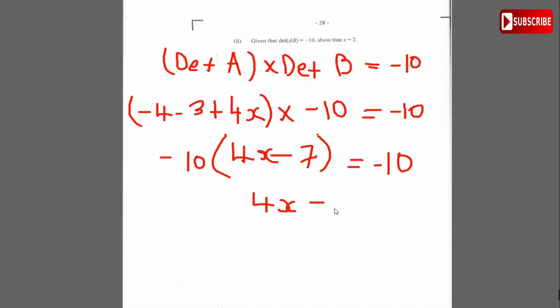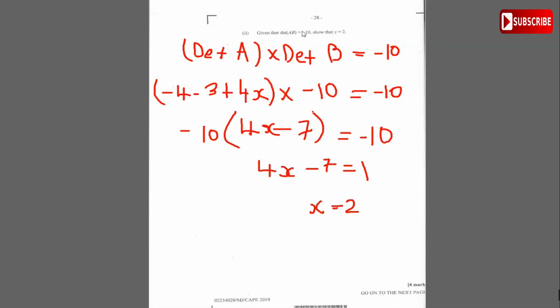So I'm getting 4x minus 7 equal 1. And if 4x minus 7 is equal to 1, then I can bring over the 7 to the other side. And from this, clearly, x will be equal to 2. Finally, nice and easy. Nice question.